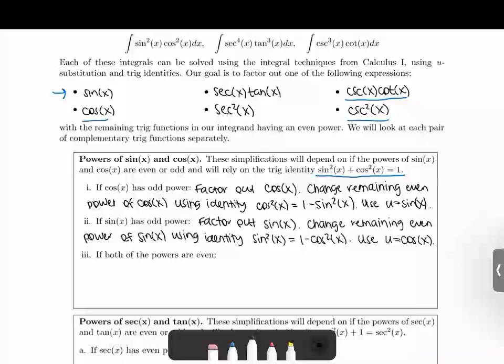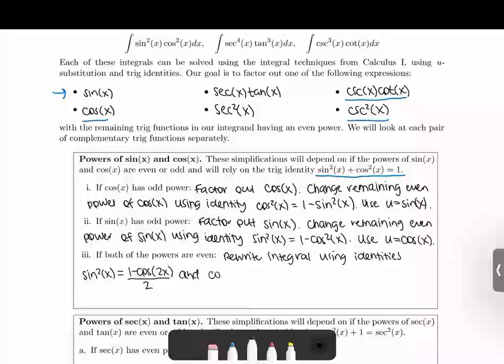So if both of the powers are even, we are going to rewrite the integral using the identities where sine squared equals 1 minus cosine of 2x over 2, and cosine squared equals 1 plus cosine of 2x over 2.